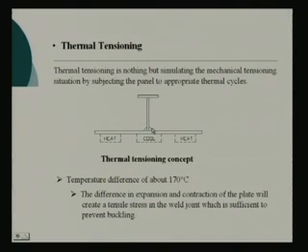The fillet welding is being done on the top. So, on the bottom part you provide cooling, right, and on the sides you heat it. So, that gives a resulting effect of tension. The difference in expansion and contraction of the plate will create a tensile stress in the weld joint, which is sufficient to prevent buckling.